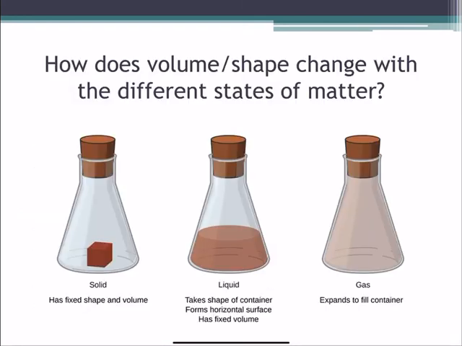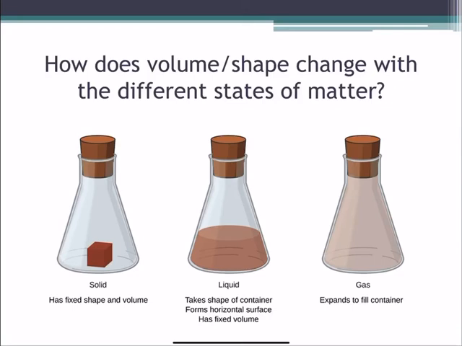So how does the volume or shape change with the different states of matter? In these containers, we see the first one has a solid, the second one has a liquid, and the last one has a gas. The first one, when we put that solid into the container, what does the solid do?